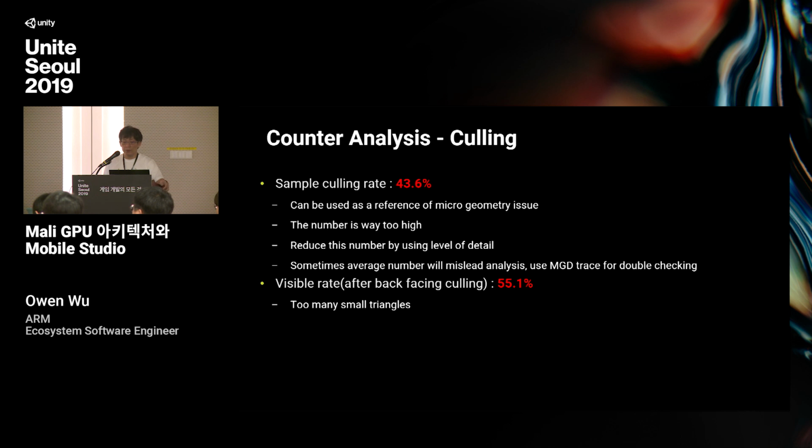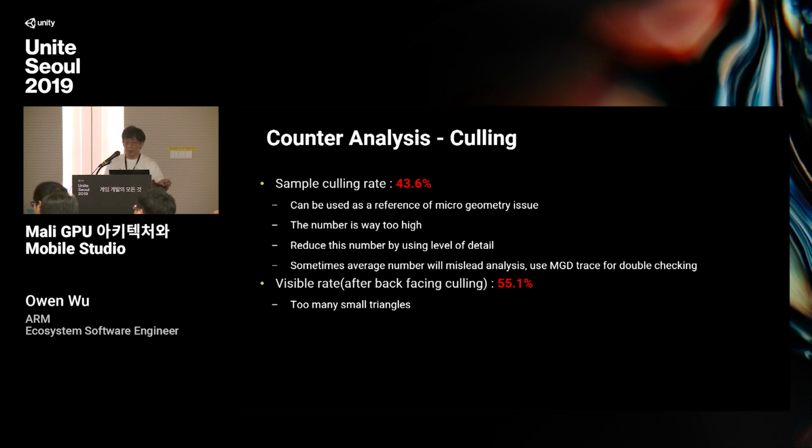And the sampling culling rate shows how many primitives are culled because they are smaller than 1 pixel. So it is a good hint for micro geometry issues. From the number we can tell about 44% of primitives are smaller than 1 pixel, and this number is pretty high. In this case, the developer may want to use level of detail meshes to lower this number.